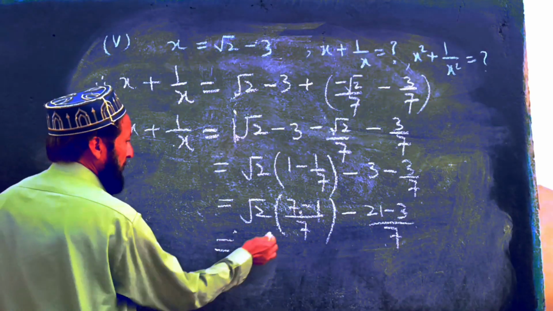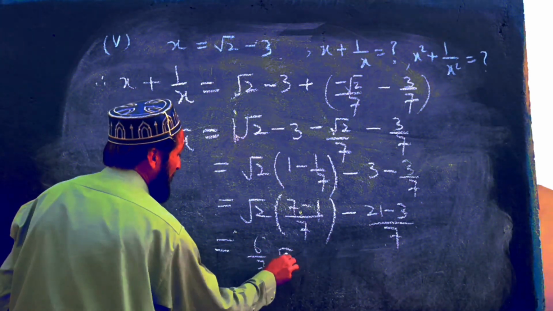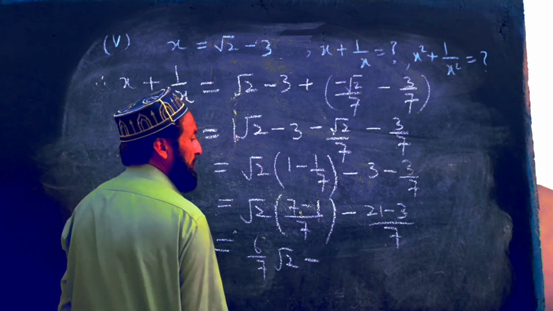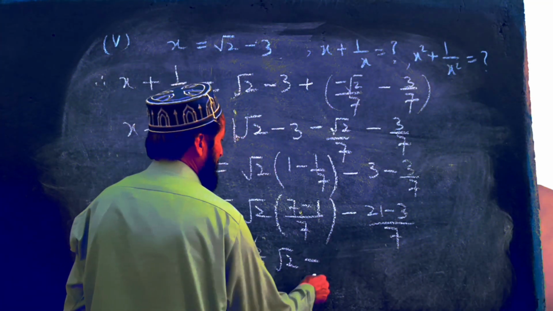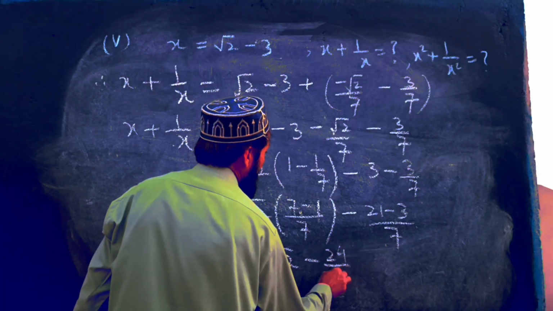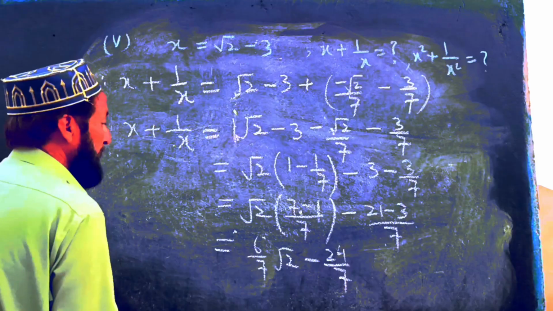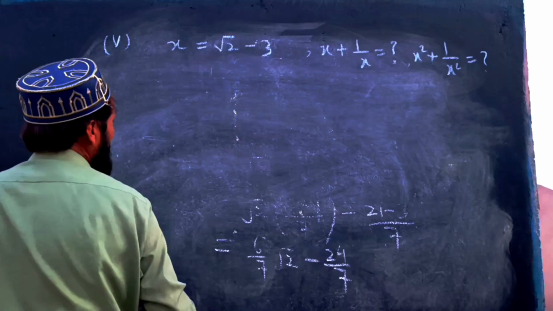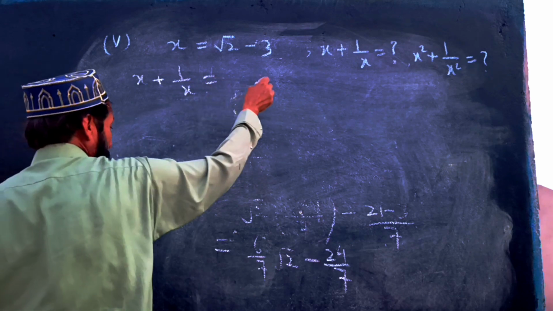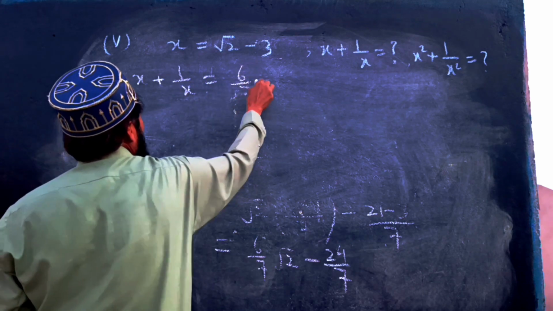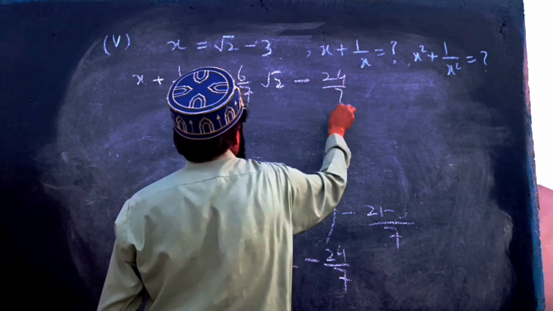So this result is 6 divided by 7, 2 under the root, and minus this will be minus 24 divided by 7. So the question is very logical, but more: x plus 1 over x is equal to 6 divided by 7, 2 under the root minus 24 divided by 7.